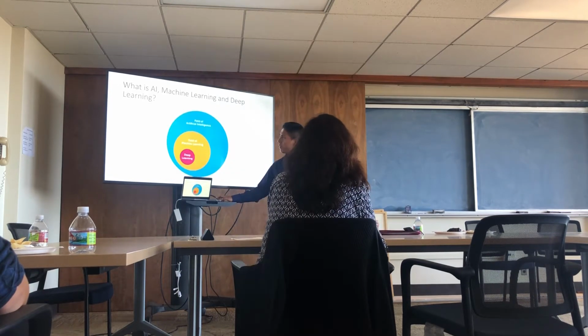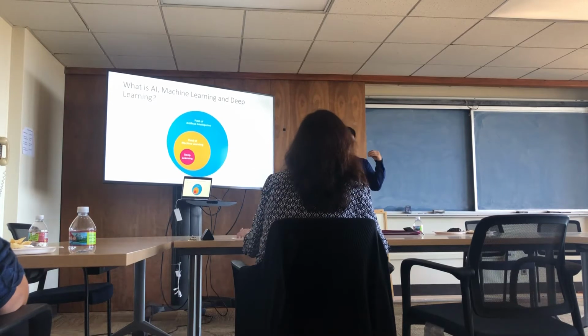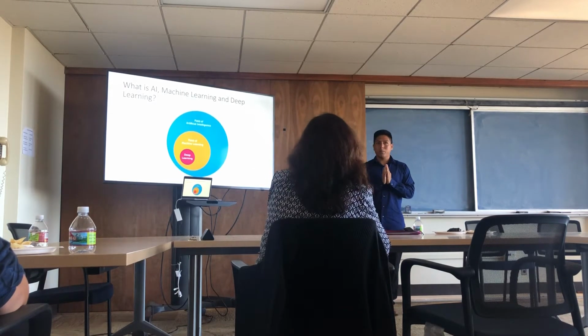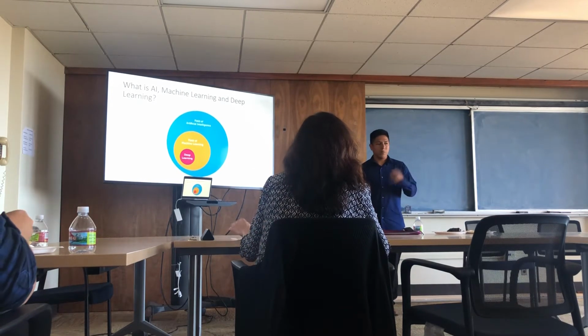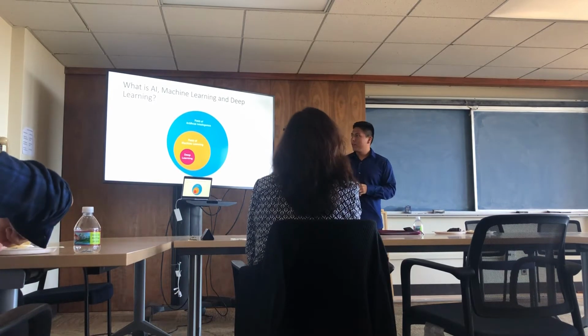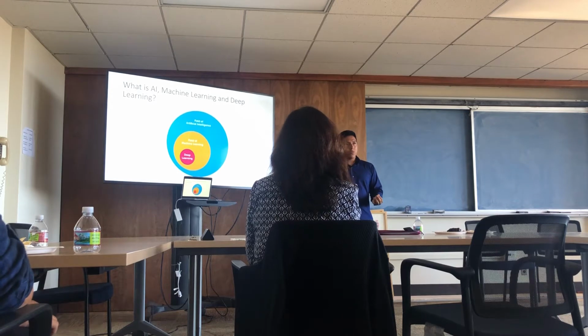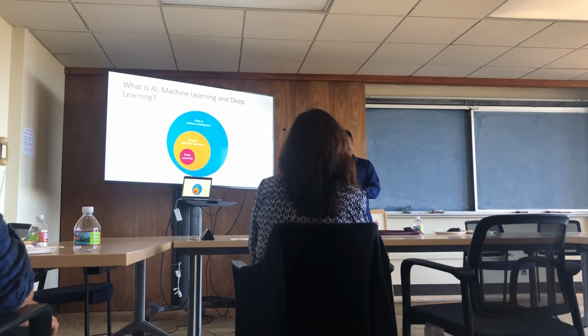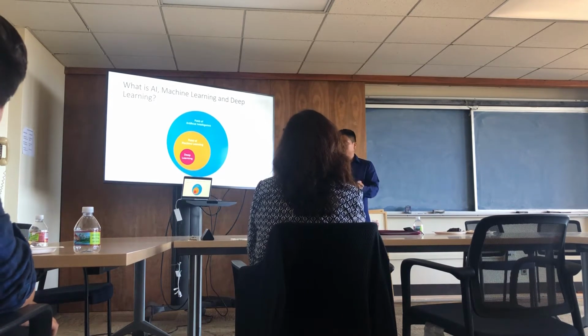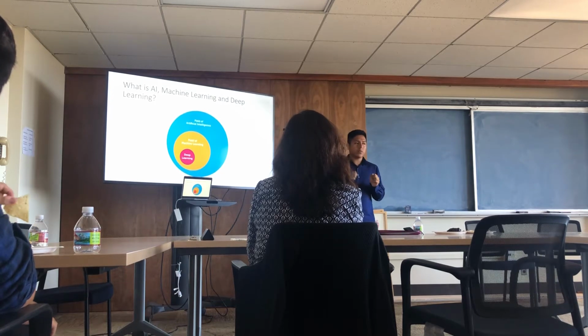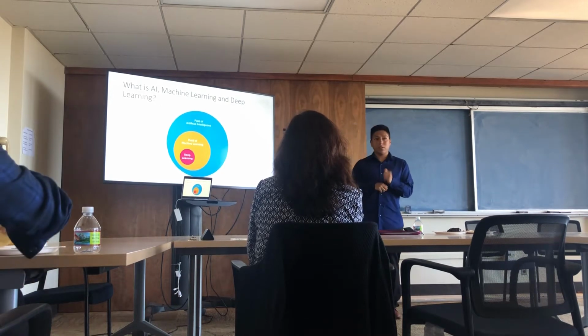So before jumping into what I've done, first of all, I want to talk about what is artificial intelligence, what is machine learning, and what is deep learning. Artificial intelligence is a field of computer science that tries to apply the human way of thinking to computer science problems. One of these fields is called machine learning, or statistical learning.